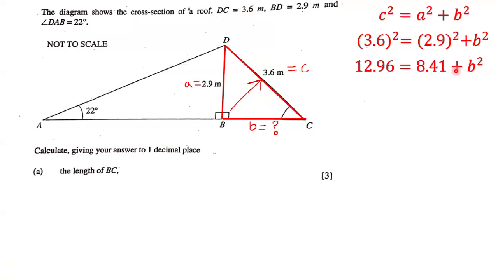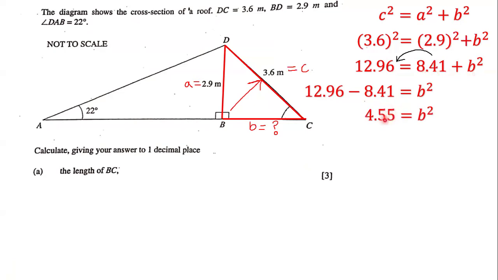And we put back the B squared. We're going to take 8.41 and send it over the equal sign. And so that gives us 12.96 minus 8.41, which gives us 4.55.